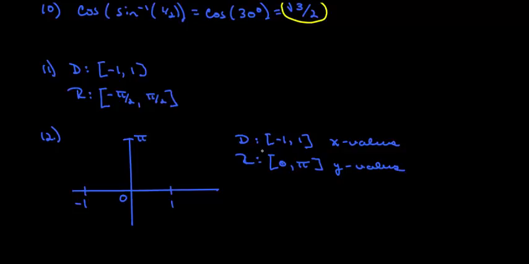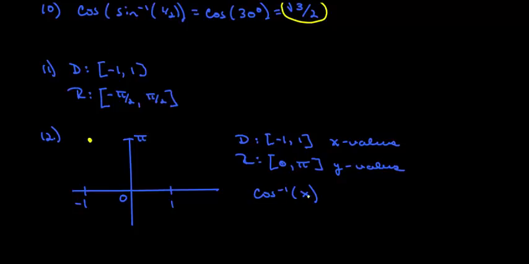So let's go ahead and get some of these values. I'm looking at the arc cosine of x or theta, whatever variable you want to use. At negative 1, the angle value is pi.